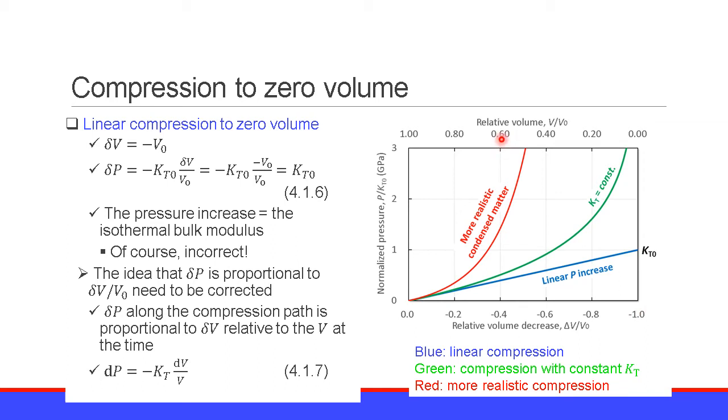The upper horizontal axis is the relative volume V over V0. On the left side the relative volume is unity, and on the right side the relative volume is 0. The vertical axis is the normalized pressure P over KT0, the isothermal bulk modulus.